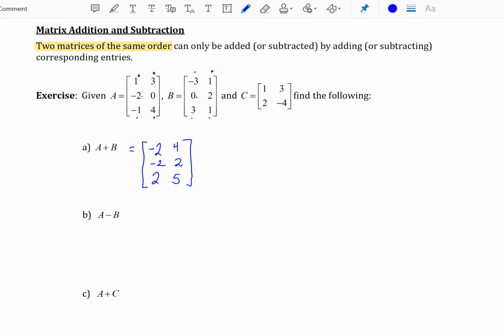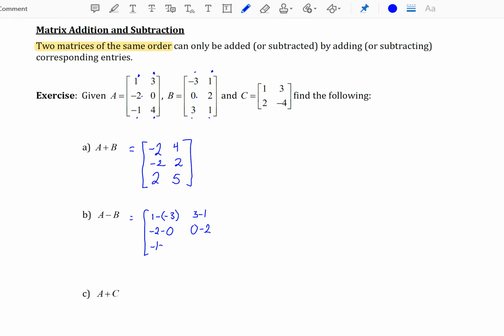We could also subtract our matrices by subtracting corresponding entries. So 1 minus the -3. Be careful of a sign error here. We're subtracting the negative 3. 3 minus 1. Negative 2 minus 0. 0 minus 2.